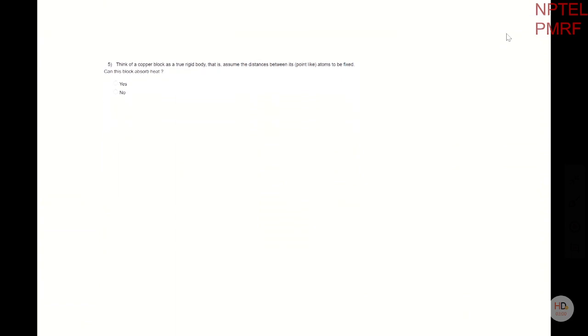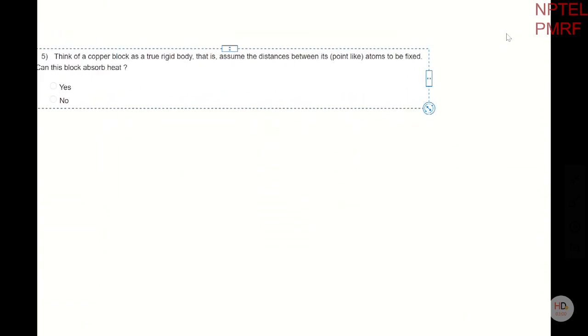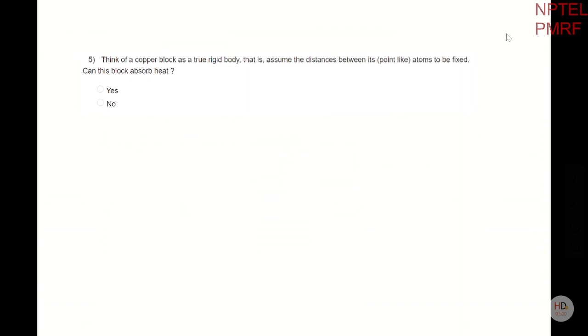So now this is a nice physics question, for the first time, because what we did so far was just pure mathematics, right? We did not invoke any physical principle. It was purely mathematical. So think of a copper block as a truly rigid body. That is, the distances between its points are assumed to be fixed, totally. Can this block absorb heat?